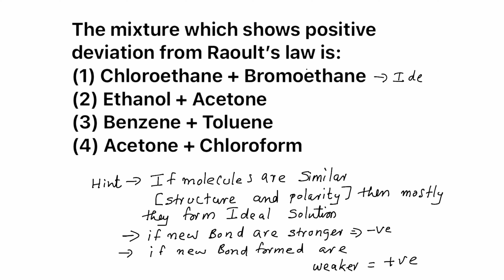Ideal solution. Now, if you check the third option, again you can see benzene and toluene. There also both are non-polar and they have huge similarity in their structure. So, again they form an ideal solution. Now we have two options left, option second and option 4. When we make a solution, definitely there will be a new bond established between solute and solvent, right?